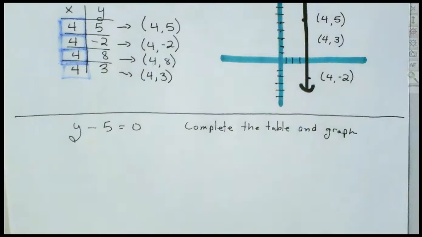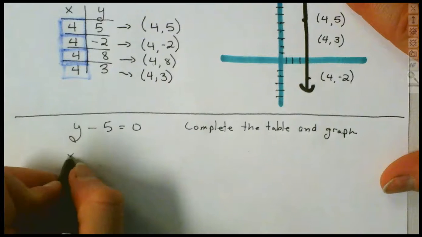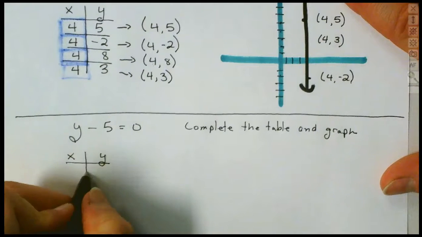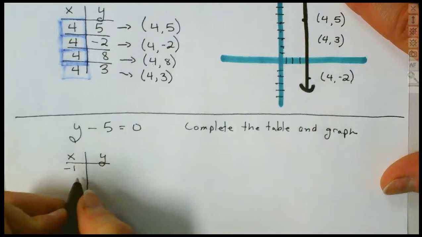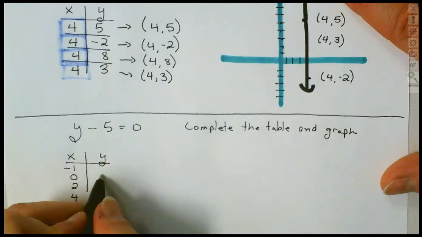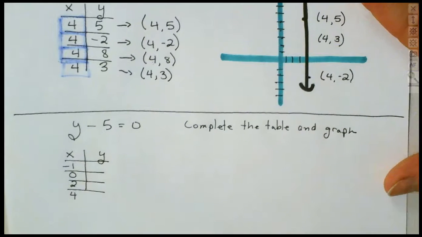I'm going to give you a table. Okay, so we're going to have, in this case, x values, and we're going to be finding the appropriate y value to go with it.